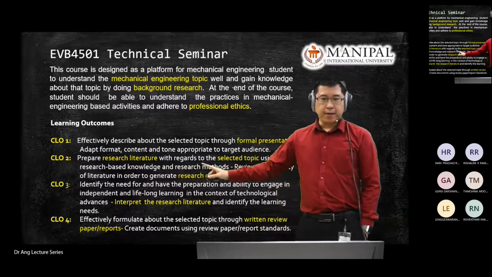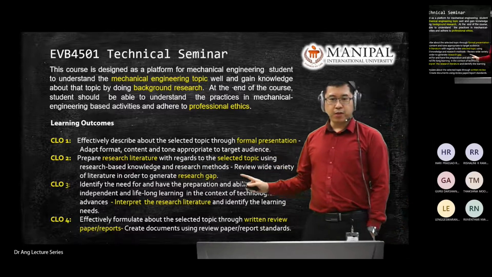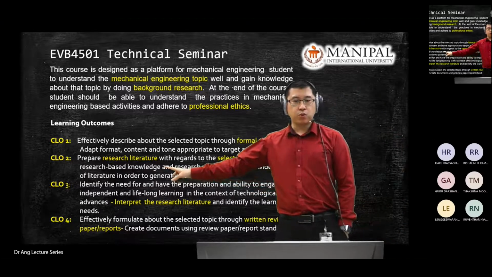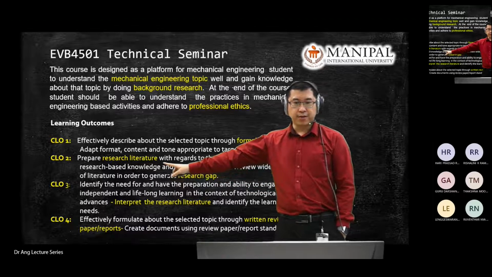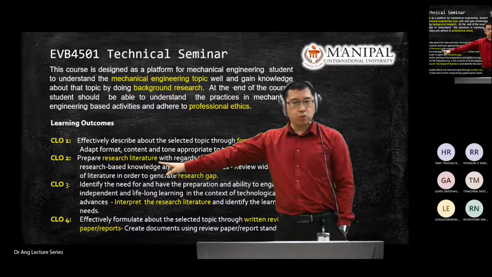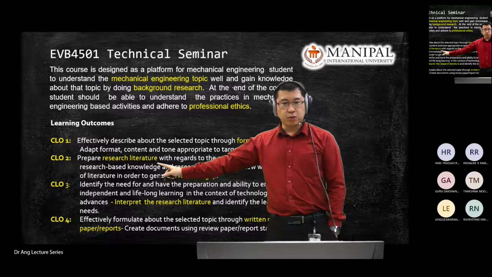My role in this module is to help you strengthen how to do a better literature review, how to write a better Chapter 2 in your FYP report. Chapter 2 is the literature review.